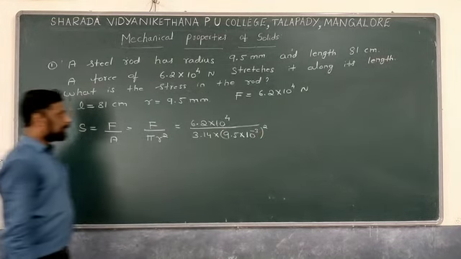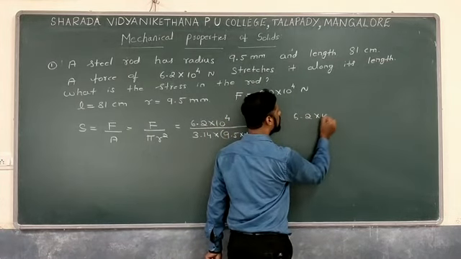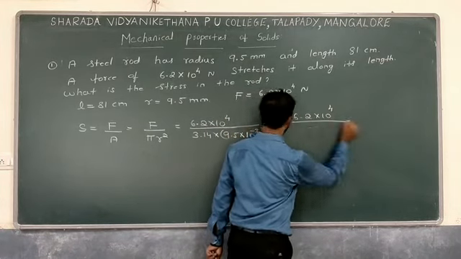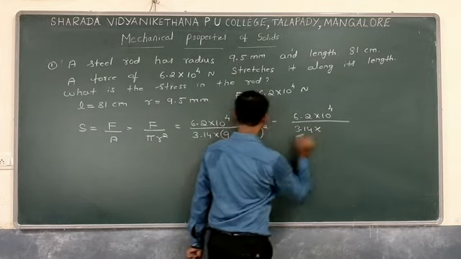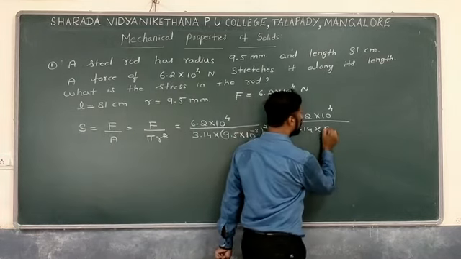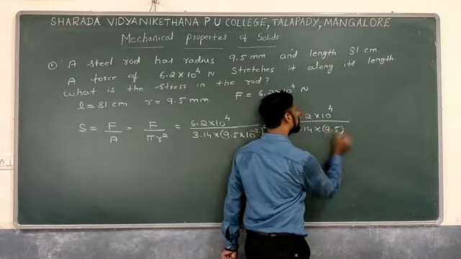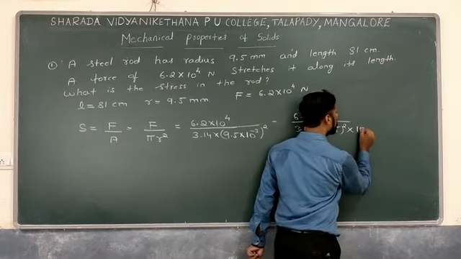Now simplify. You will get the final answer. That is 6.2 into 10 power 4 divided by 3.14 multiplied by 9.5 square. 9.5 square into 10 power minus 3 square becomes 10 power minus 6.